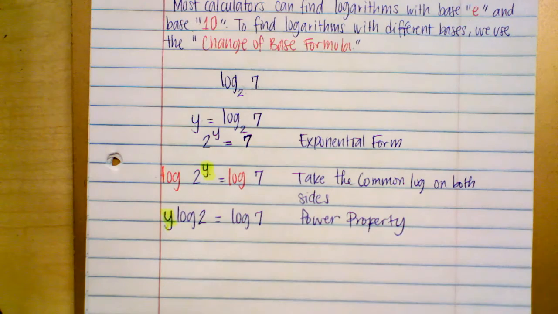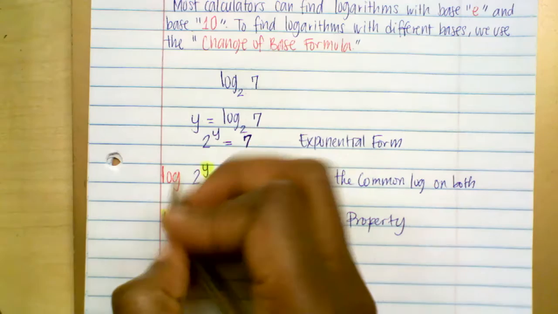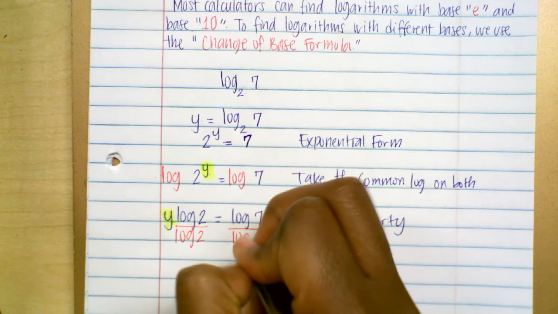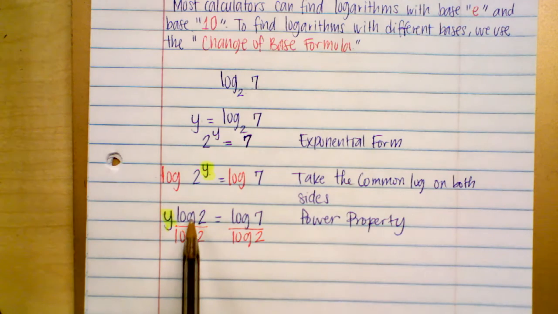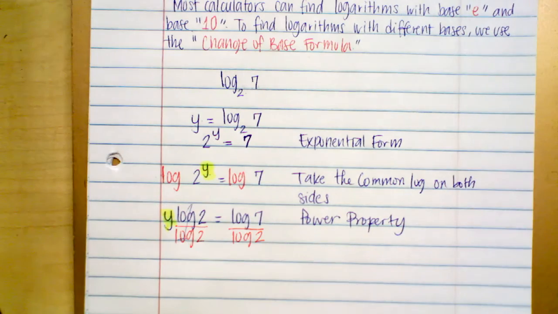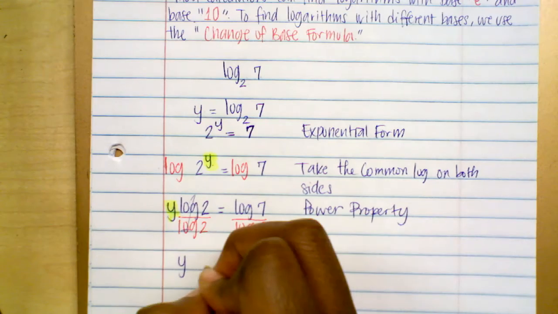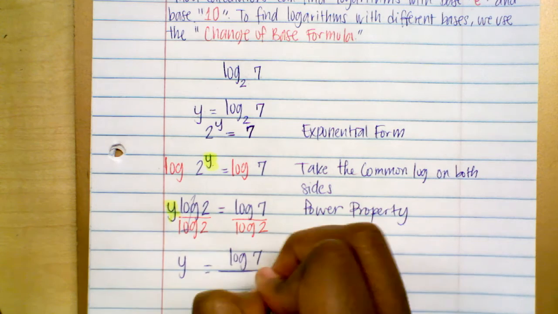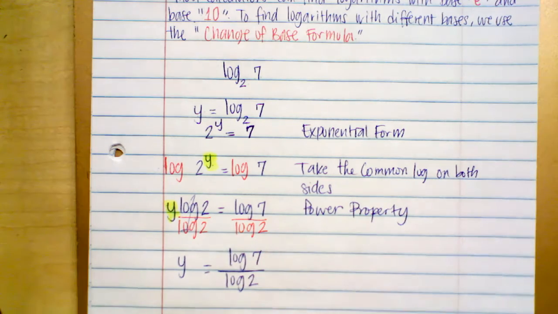Now we want to solve for y, so we want y to be alone. For y to be alone, I'm going to divide both sides by the common log of 2. A number divided by itself simplifies to 1, and 1 times y is y, equal to the common log of 7 over the common log of 2.